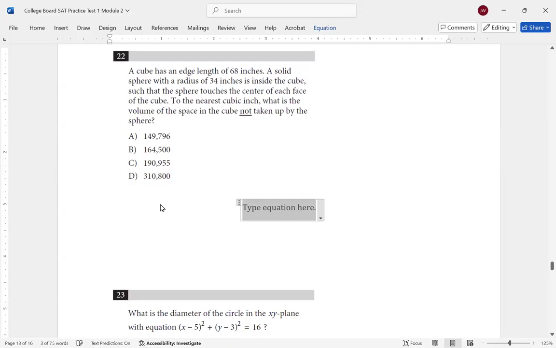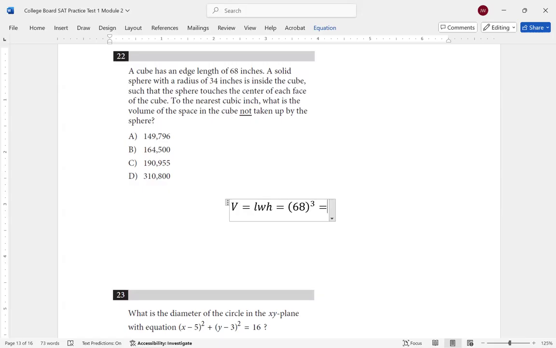So let's take it. The volume of the cube is going to be length times width times height. Those things are all going to be 68. So edge lengths are all 68. So that's going to be 68 times 68 times 68, or 68 raised to the third power.